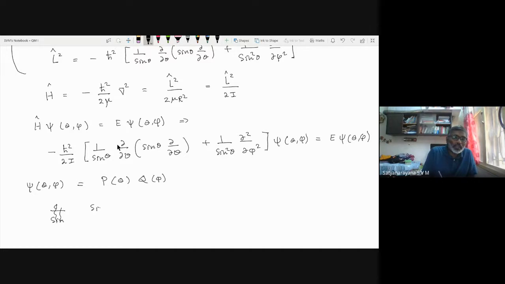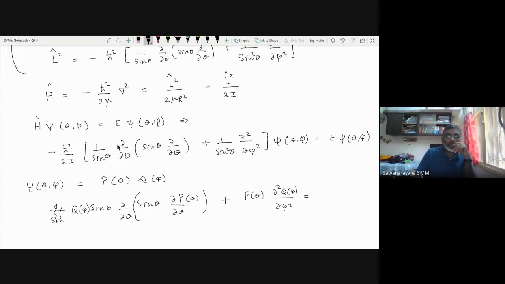So I get sine theta dou by dou theta into sine theta dou P by dou theta, into Q of phi, plus P of theta into dou square Q of phi by dou phi square, is equal to minus twice IE by h bar square into P of theta Q of phi.